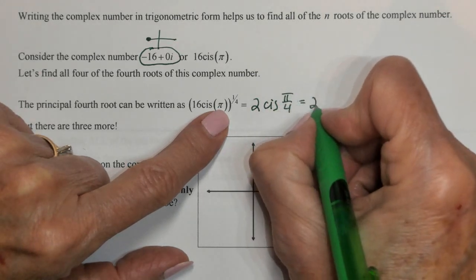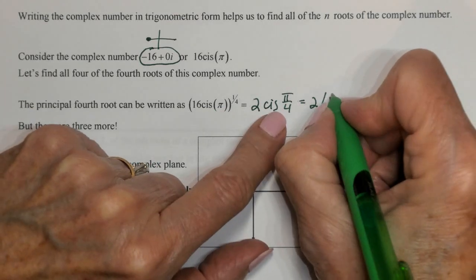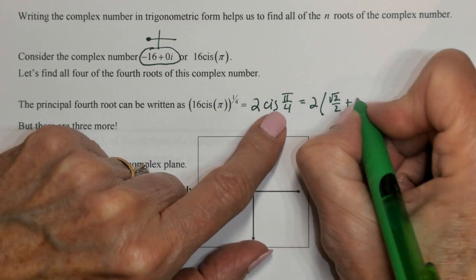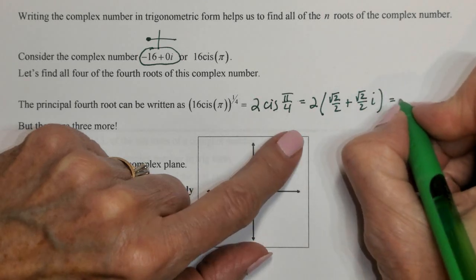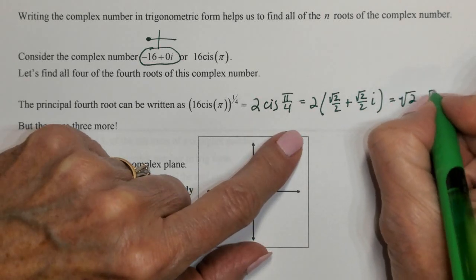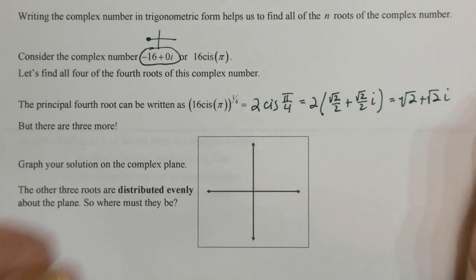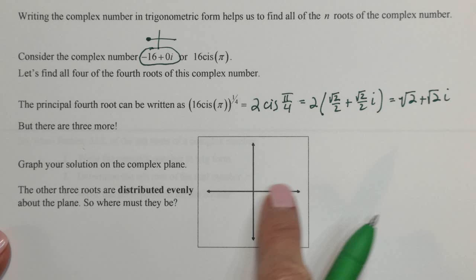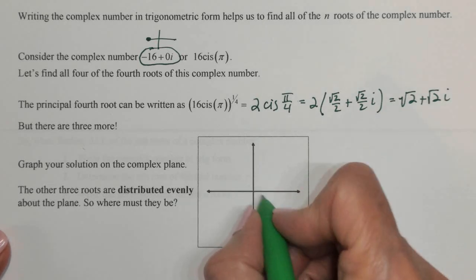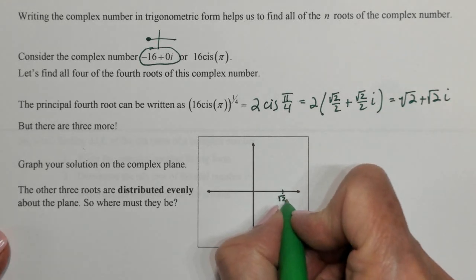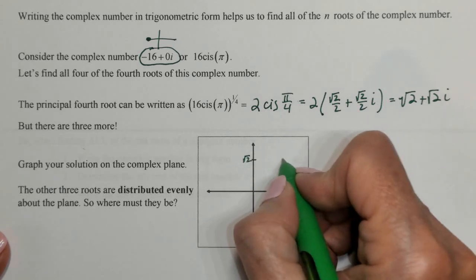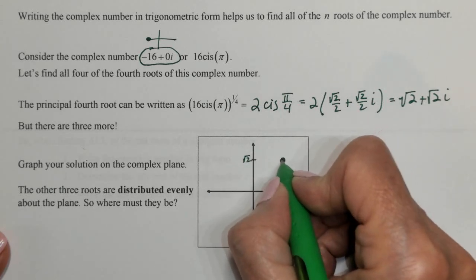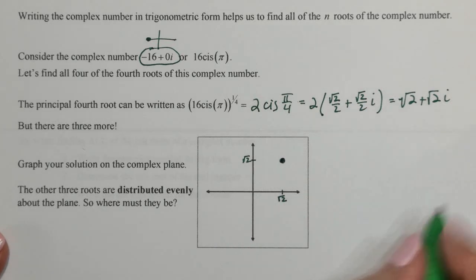That would be 2 times cosine of pi over 4 plus sine of pi over 4 i, or square root of 2 plus square root of 2 i. Let's graph that solution on the complex plane. So I'm going to go to the right square root 2 over 2, and I'm going to go up square root 2 over 2. And that would be that solution.